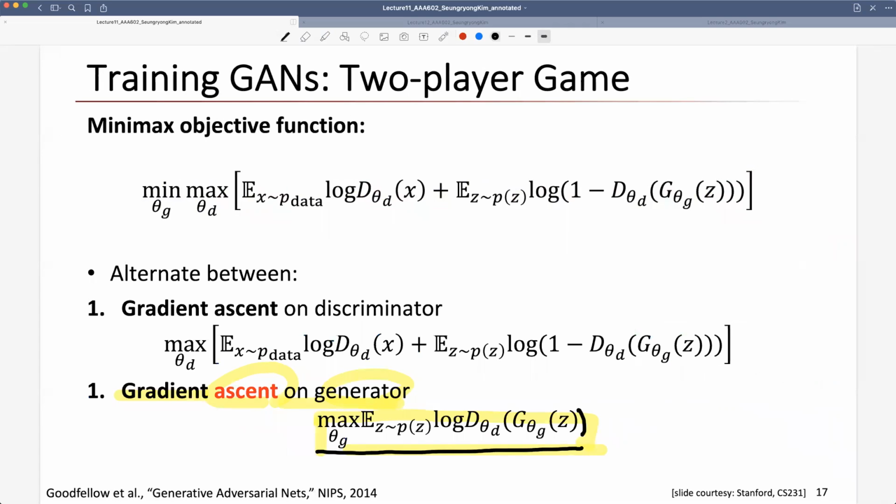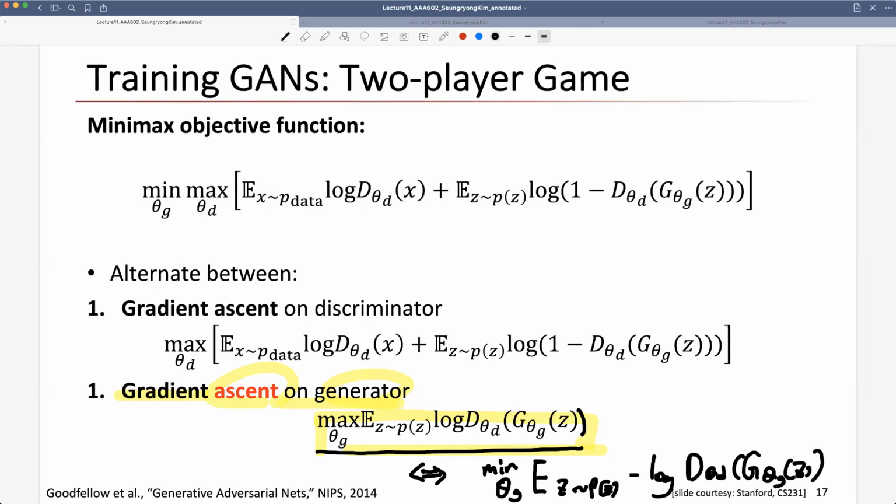This problem is exactly the same as minimizing the negative log of D(G(z)). Maximizing the same expression is exactly the same problem as minimizing with a negative term attached.